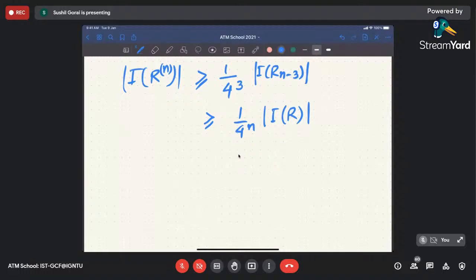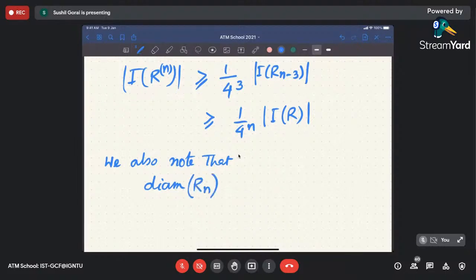So we also note that the diameter, which in a rectangle is nothing but the distance of the diagonal, of Rn converges to 0 as n tends to infinity. All right.